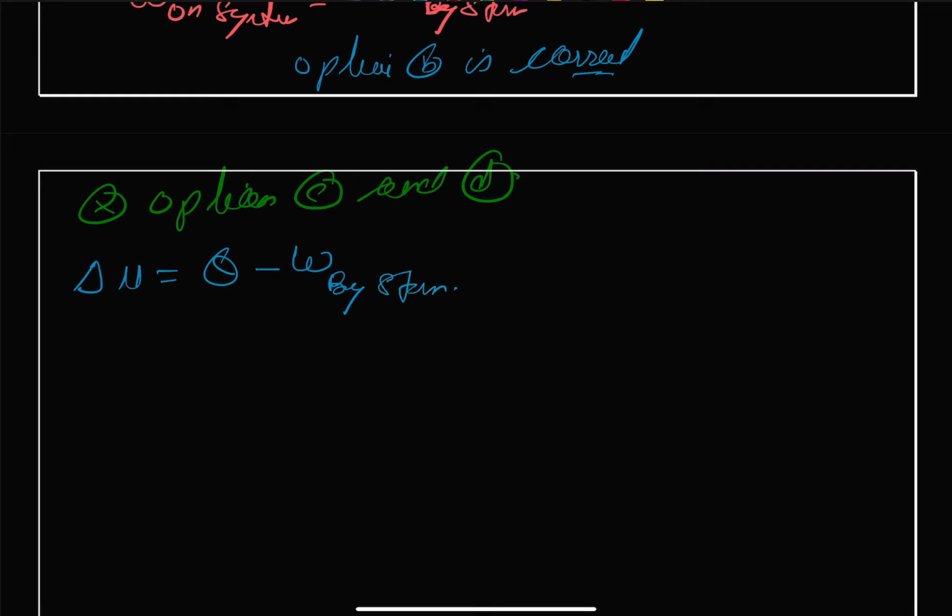Okay. And here Q will be equal to mass into latent heat of fusion, because during the melting process the system is going to absorb the heat, and that will be equivalent to our latent heat of fusion, which is greater than 0, or we can say positive.